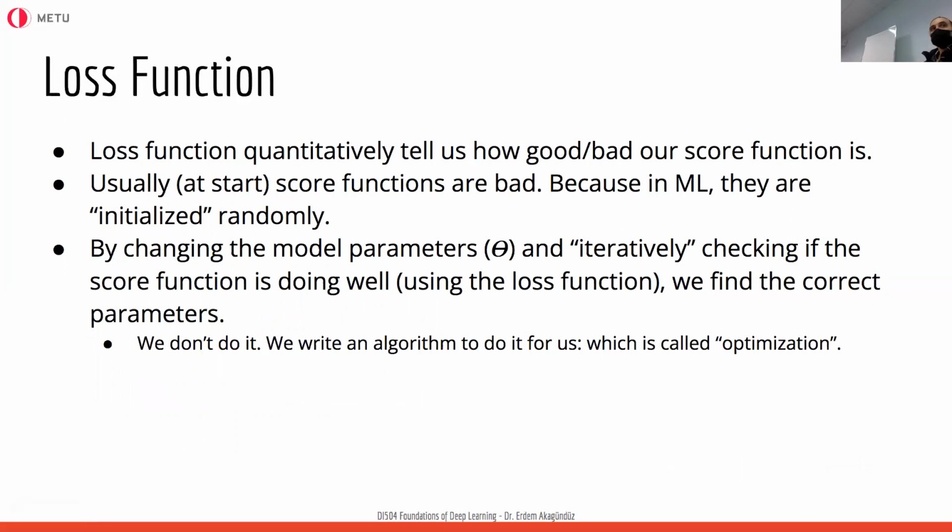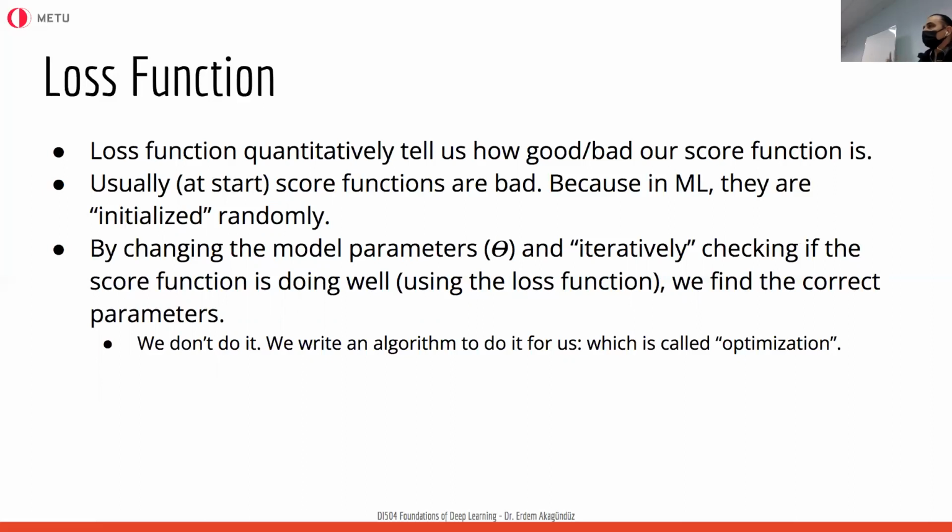Usually at the start, score functions are bad because you randomly initialize those values. You don't know. Actually, we had two values here and I had an intention of making juiciness as spherical or reddish. But that doesn't work like that when you're using large deep learning models, because the number of parameters you're going to have, guys, I'm not kidding, is hundreds of thousands. You cannot just think of hundreds of thousands of parameters as human beings.